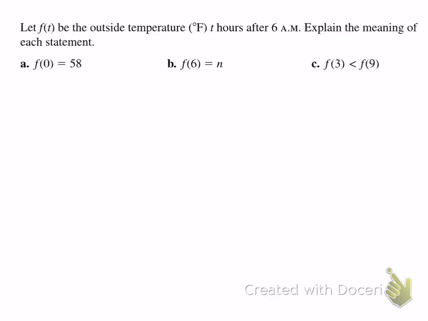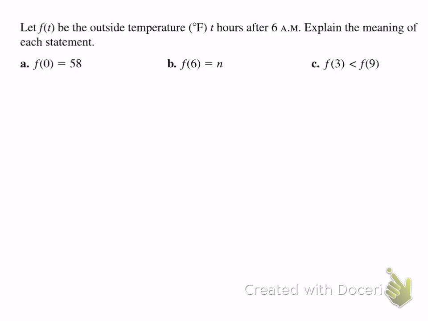So what does this really mean? So instead of the F of T, what are they writing? The F of 0. What does it mean? Chris? Maybe it means that 0 is outside after 6... No. Remember, the F of T is your Fahrenheit, not just the T. Yes, 0 after 6 a.m. Right.